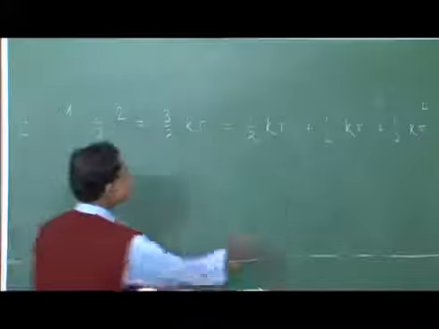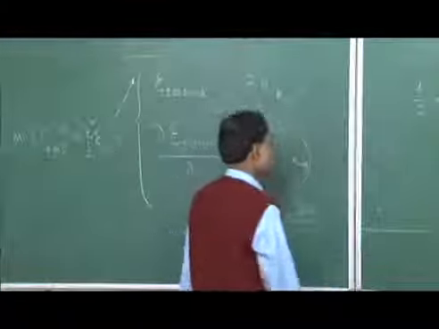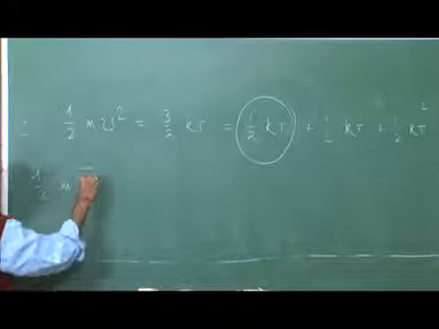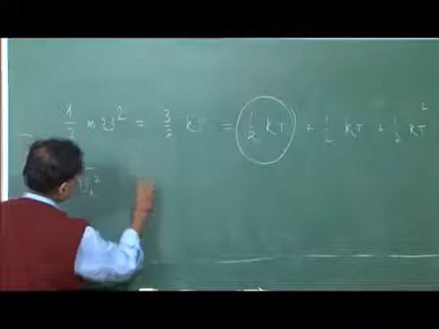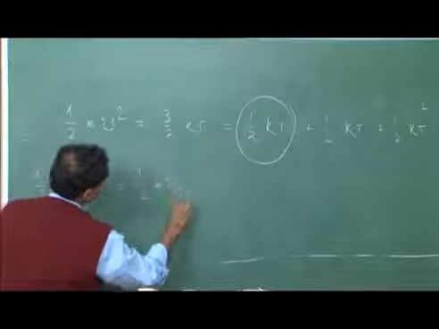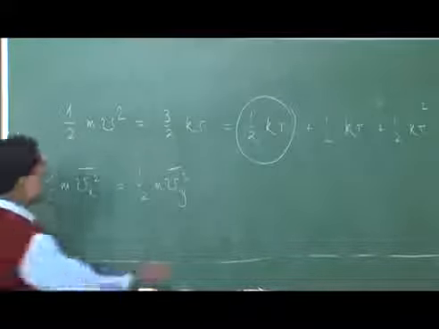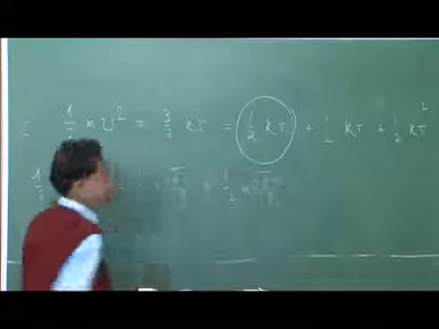So, this immediately hints what should be the quantity if I calculate half m vx square average, because that must be equal to half m vy square average. It should then necessarily be half m vz square average.